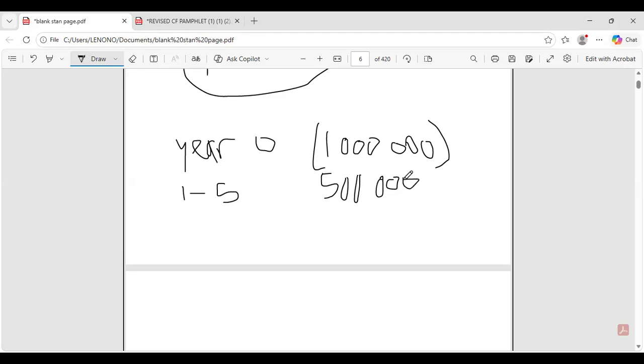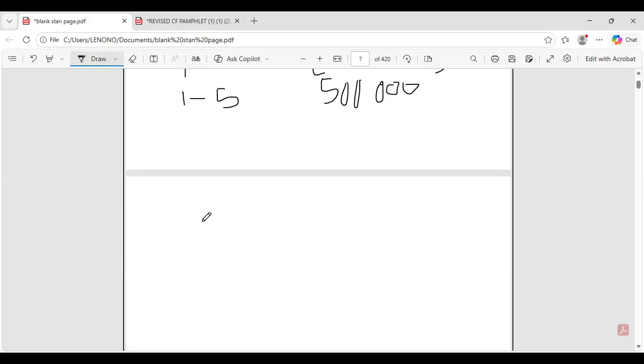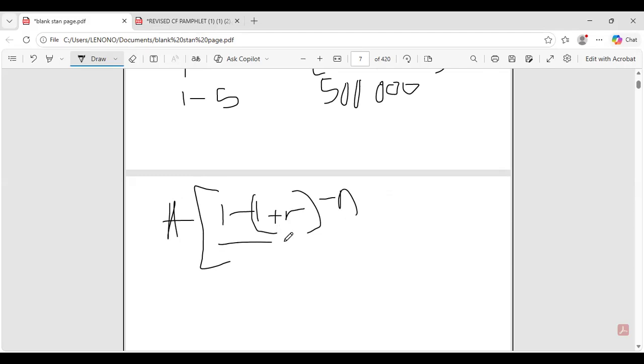So let us find the present value here, if the rate is at 10%. It's an annuity, so it will be the amount times 1 minus 1 plus r to the power negative n, over r.